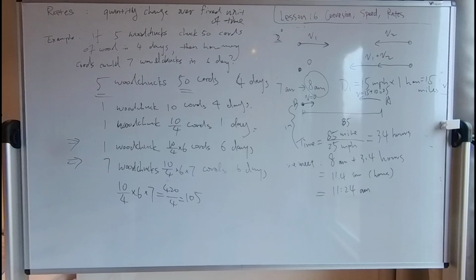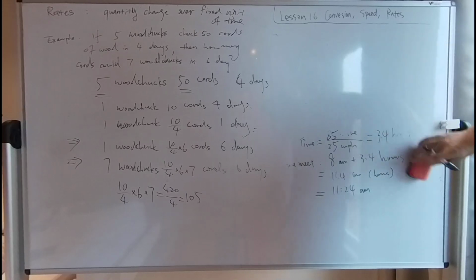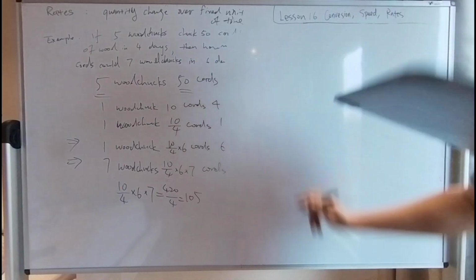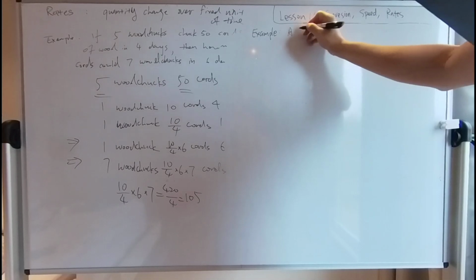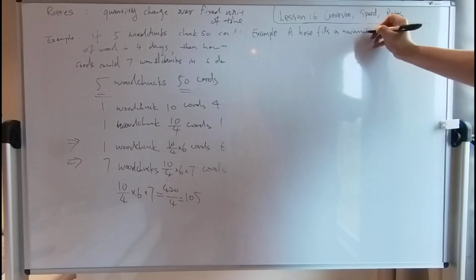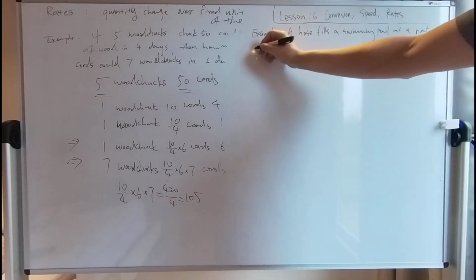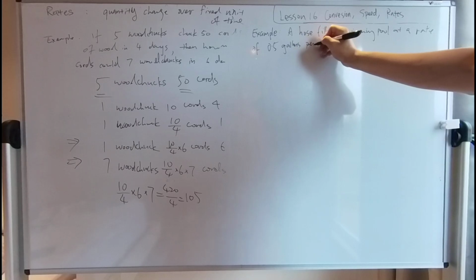Okay, so this is an example of other rates, the rates other than speed. Let's see one last example of the rates. A water hose fills a swimming pool at a rate of 0.5 gallons per second.